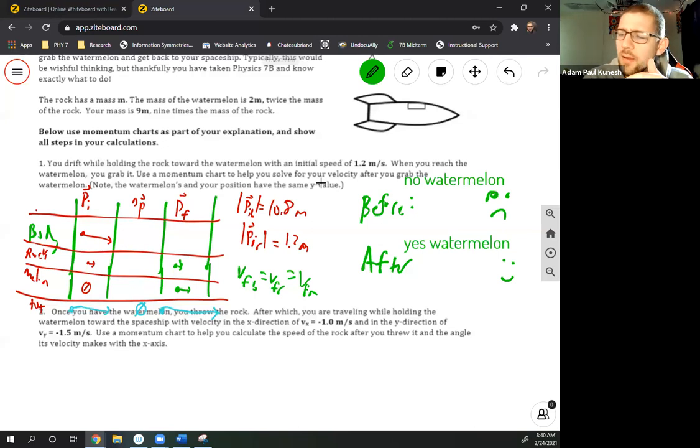Inelastic collisions make kinetic energy as small as possible. Sticking everything together makes the kinetic energy drop as much as possible. You lose a lot of energy as heat. In elastic collisions, you lose no kinetic energy, so you don't lose any energy as heat. Here, the fact that it's inelastic just lets me know that they have the same velocities at the end.